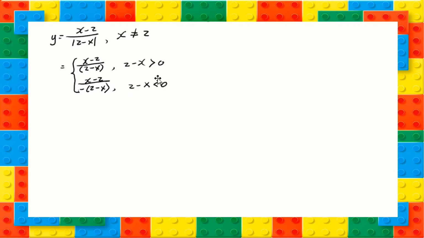So here for 2 minus x greater than 0, we don't see an equal sign here because 2 minus x is the denominator, and we know that the denominator is not allowed to be equal to 0, so that's why we don't have an equal sign here. Then when we try to simplify this one, we find that 2 minus x we can change to x minus 2, so that we can cancel off the factor x minus 2.